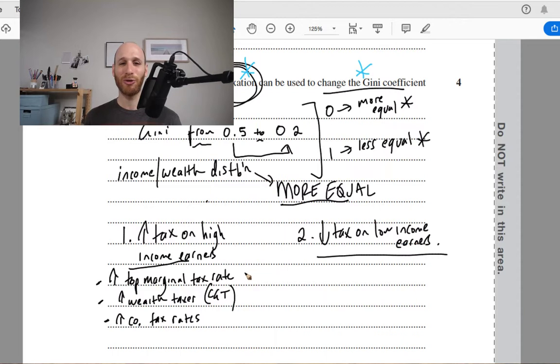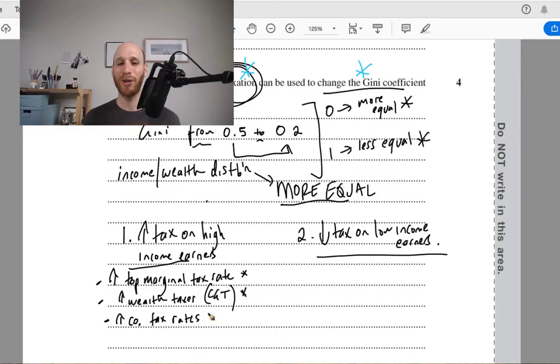The other thing we could do is increase wealth taxes, taxes on owning assets, something like capital gains tax when you sell assets. That's likely to affect high income earners more because they probably own more assets.